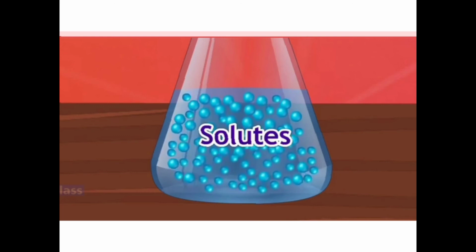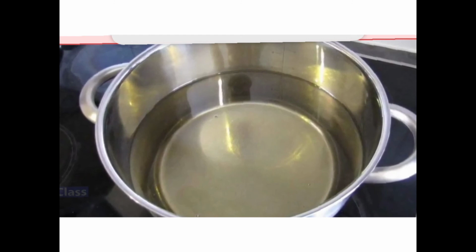Now in this, the salt that we added is in small amount, so it is called the solute. And water, which is large, contains the large portion, that is called the solvent. Okay, so water is the solvent.